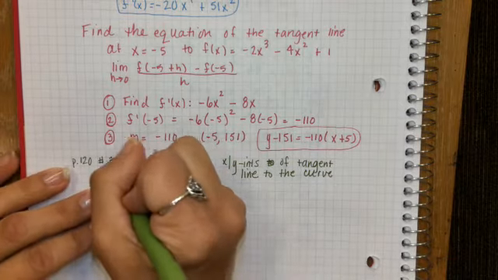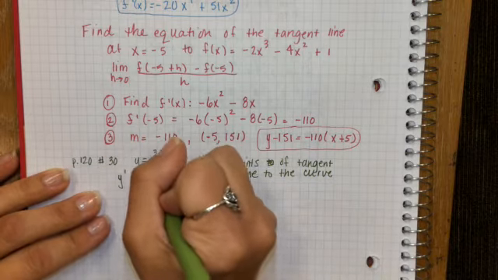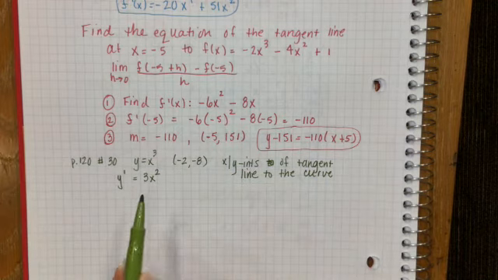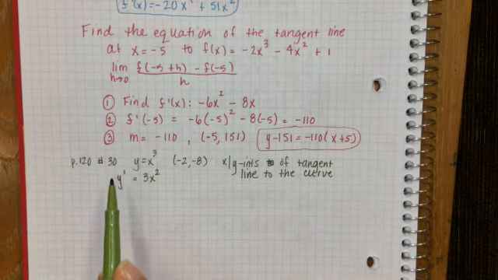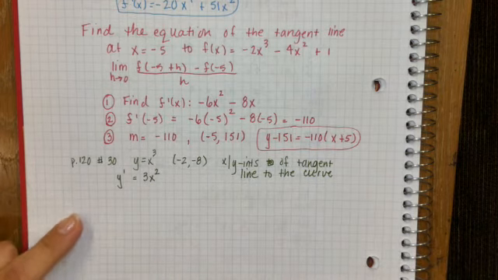So y prime, you'll see it written sometimes as y prime, is 3x squared. 3 comes down in front, it's a coefficient, decrease the power by 1. So this is the equation of the tangent.